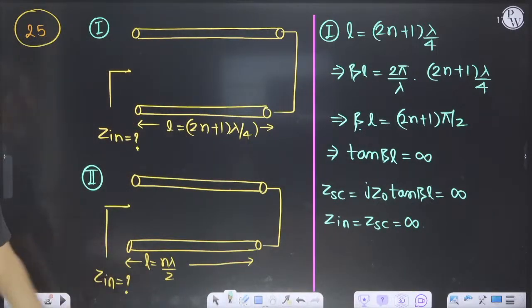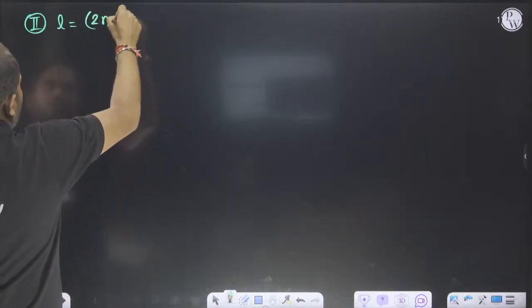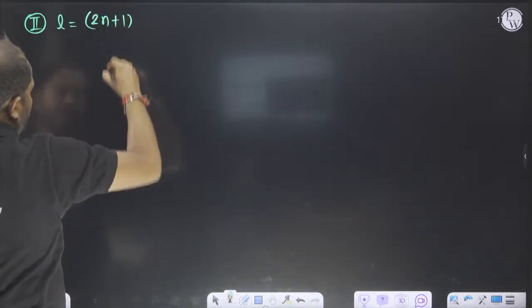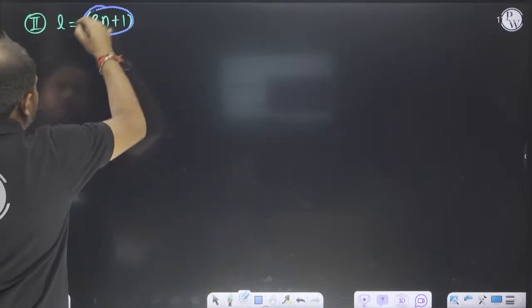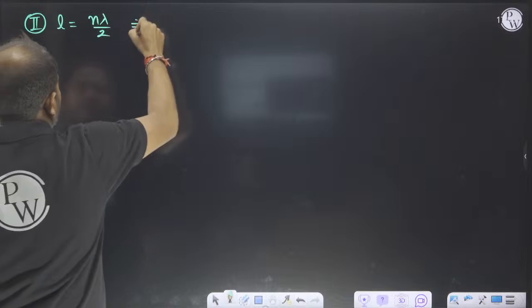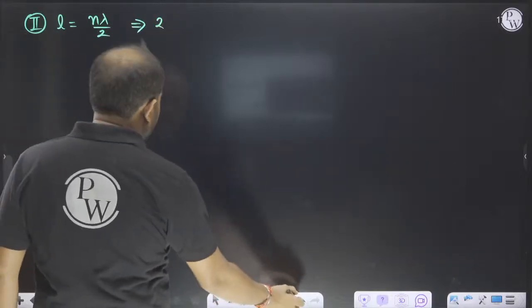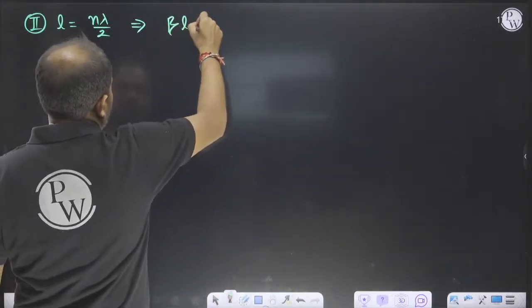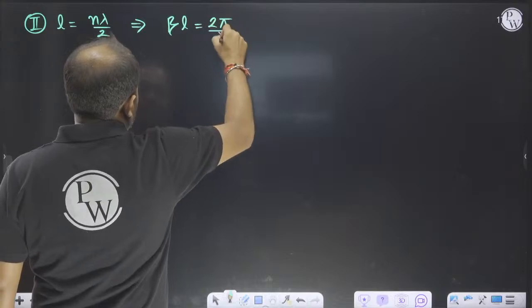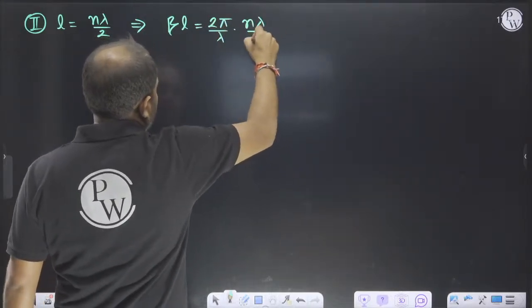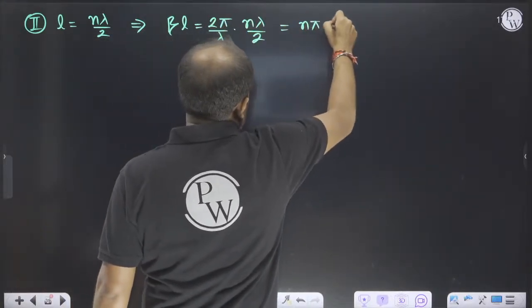In case 2, length is integer multiple of lambda by 2. So L is n lambda by 2. So our beta L will be equal to 2 pi by lambda into n lambda by 2. So it will be equal to n pi.